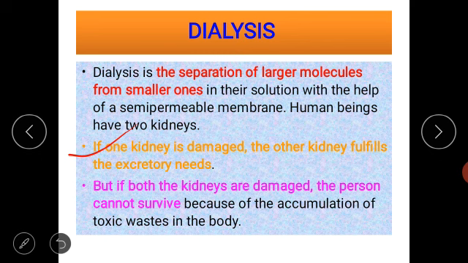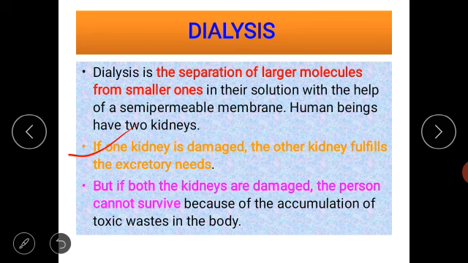It is very important to know that from a pair of kidneys, if any one is not functioning well, then the person can survive depending upon one kidney. But if both kidneys are damaged, the person cannot survive because of accumulation of toxic waste in the body.